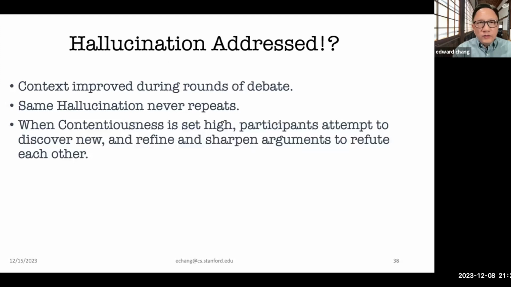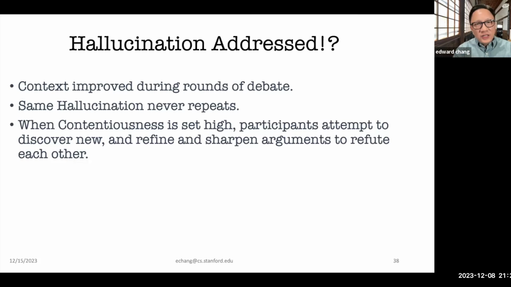And we remove hallucination because in the debate process, the contextual information is getting richer and richer. In the process of improving context, the answers from the opponent can only be more precise. Also, in probability, one agent will never make the same hallucination twice. This is just like how we have bad dreams but never dream the same bad dream twice.